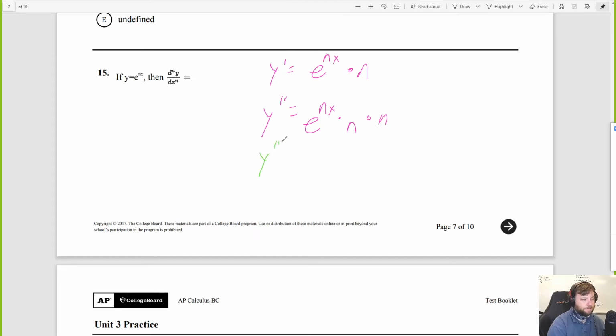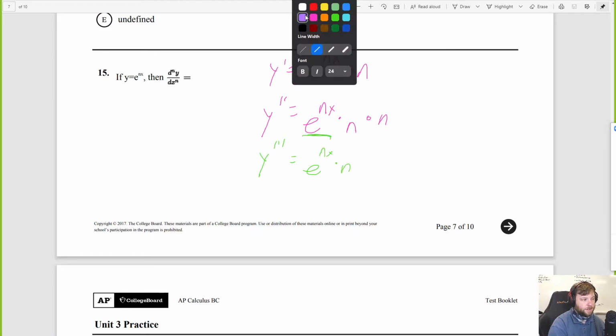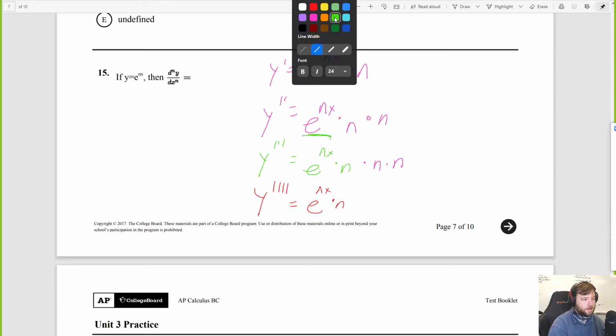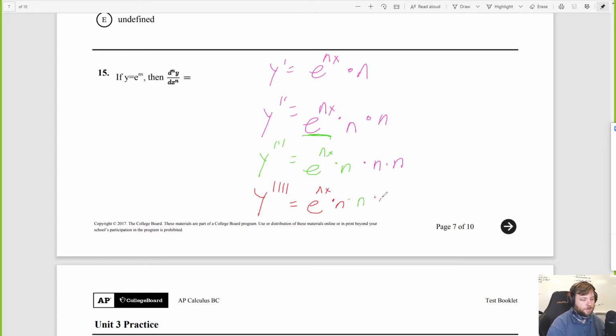Derive a third time. Deriving this part, e to the nx times n, you still have your times n times n. And then if you did this a fourth time, and maybe you're seeing a pattern, it's e to the nx times n, it'll be times n times n.